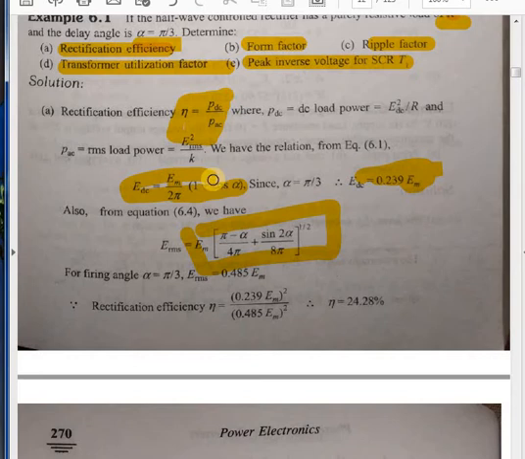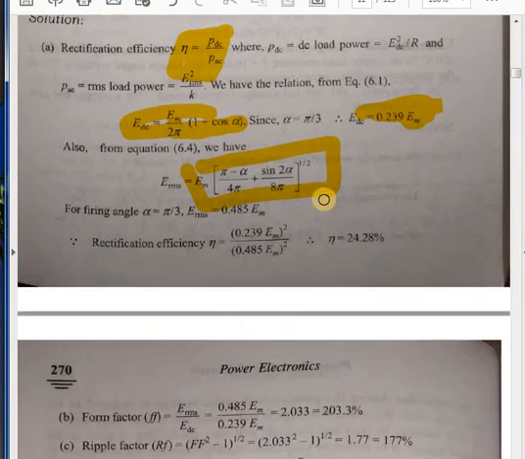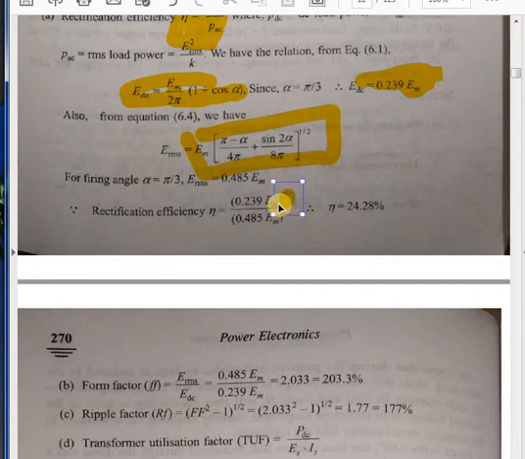After calculating that, for alpha equal to pi by 3, ERMS is equal to 0.485 EM, and EDC is 0.239 EM. Dividing both, EM squared and EM squared get cancelled, and you are left with 0.239 by 0.485 squared. Once you calculate these, you will get the efficiency.